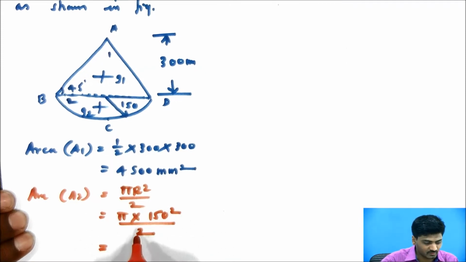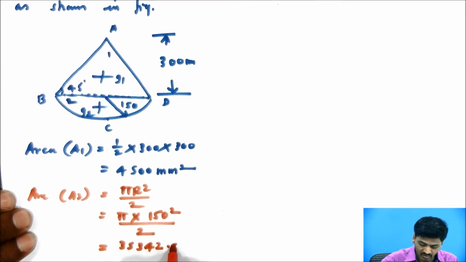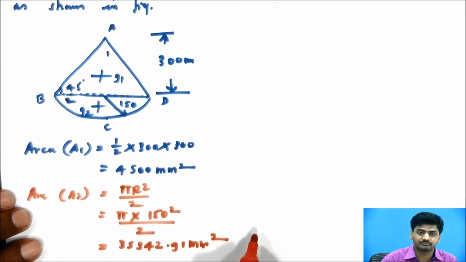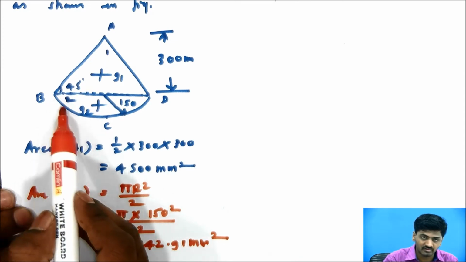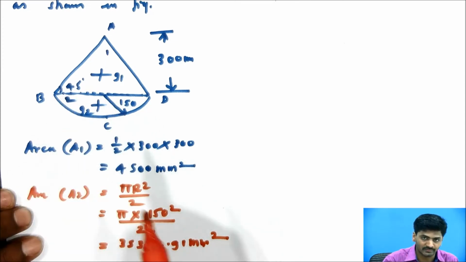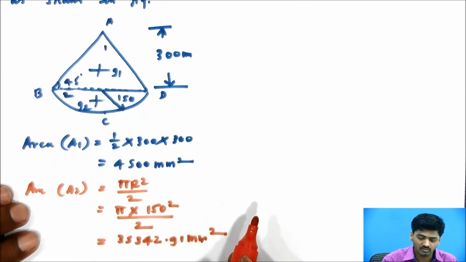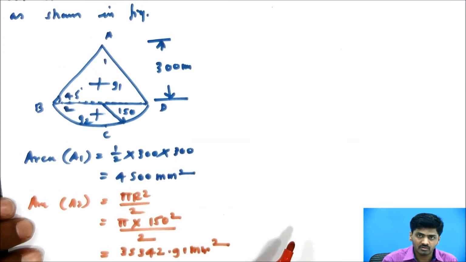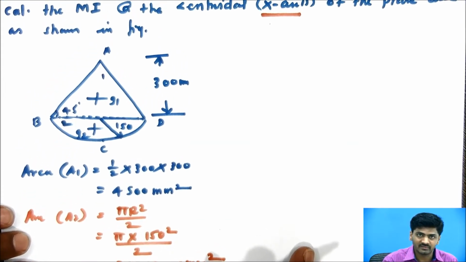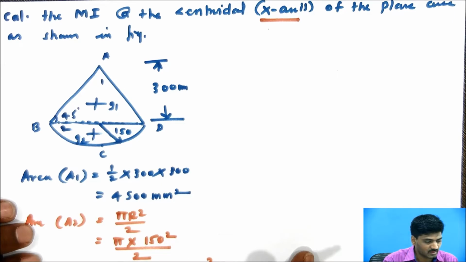You will get the area of semicircle, that is 35342.91 mm square. This is the area of your semicircle, figure number 2. Now the area is over, you may move towards the centroidal distances.